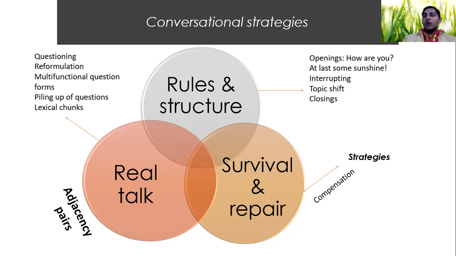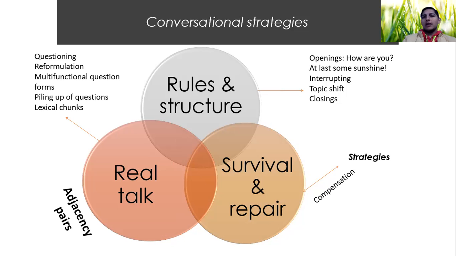Let's think of another example. When you offer food to someone, you usually ask questions such as, "Would you like some more bread? Would you like some water?" And you expect the person to say yes.